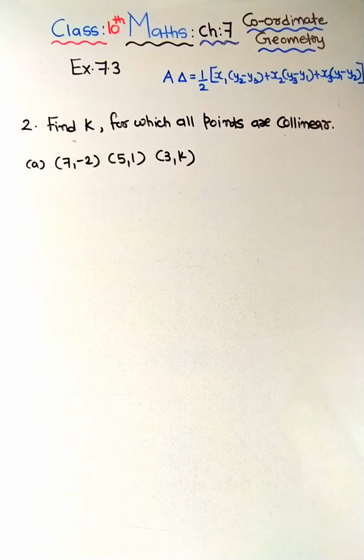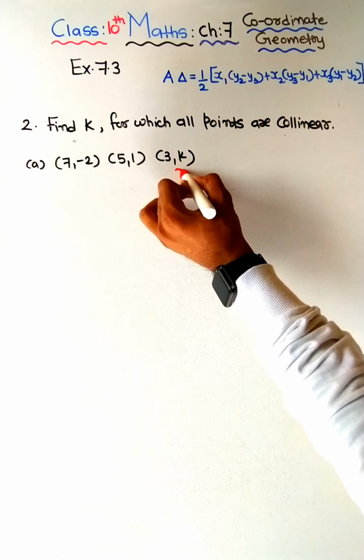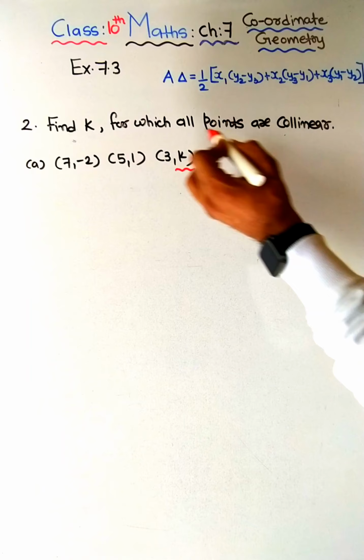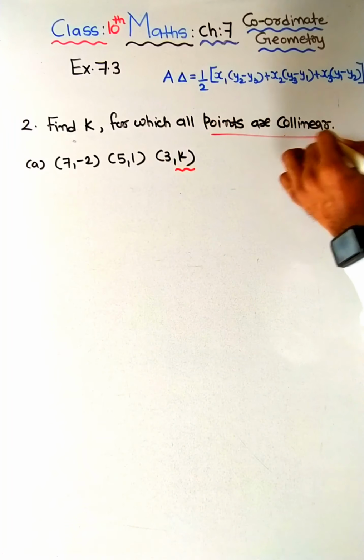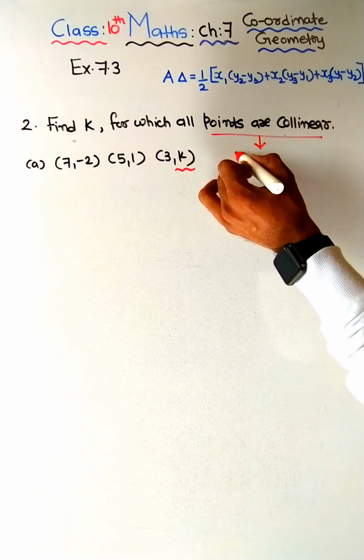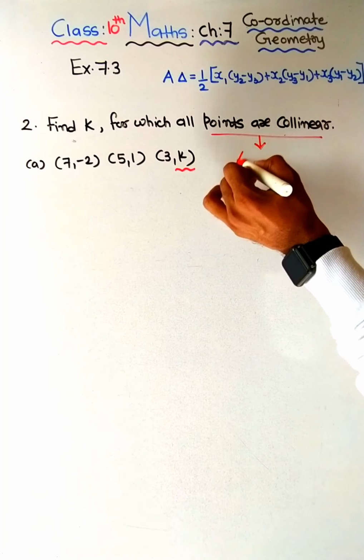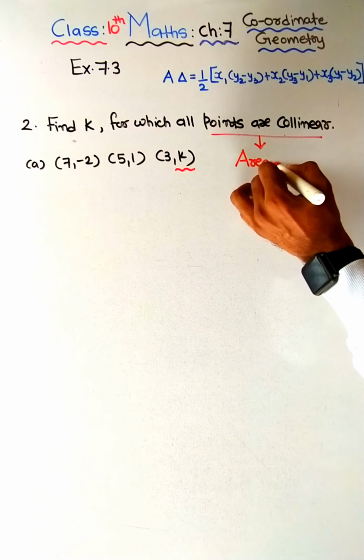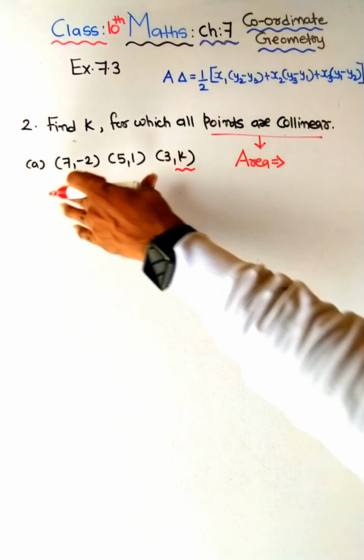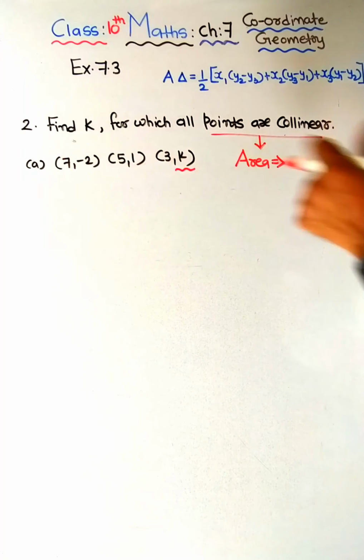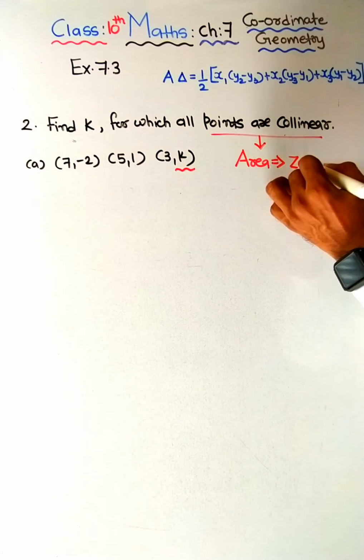Next, question number 2. Find the value of k for which these points are collinear. So here we will be finding this coordinate k. But the hint given is that these points are collinear, and we have already seen that if points are collinear, then the area of the triangle formed by these three vertices is 0.